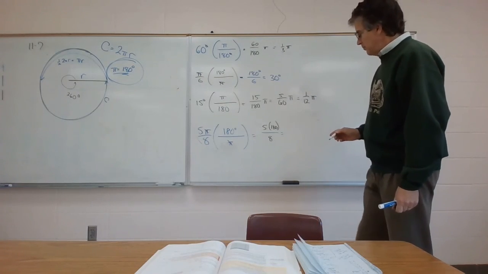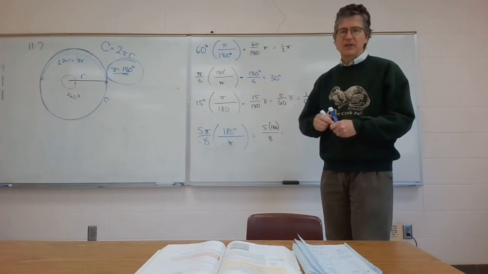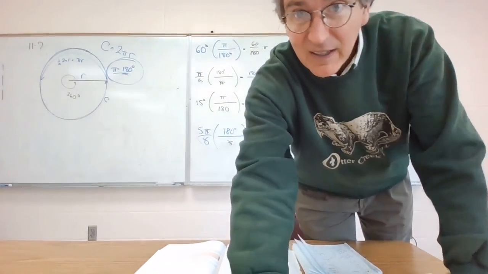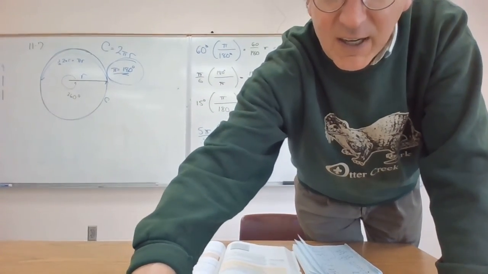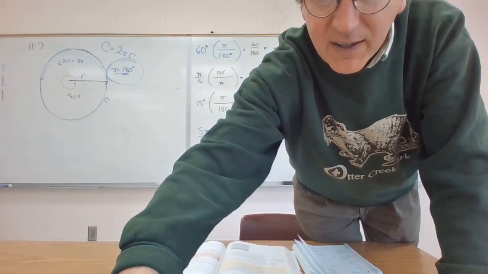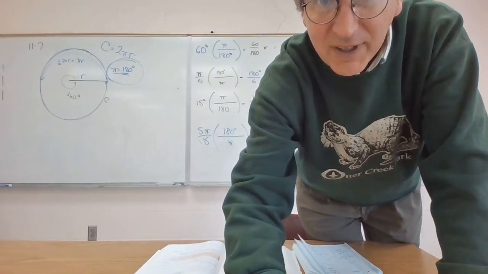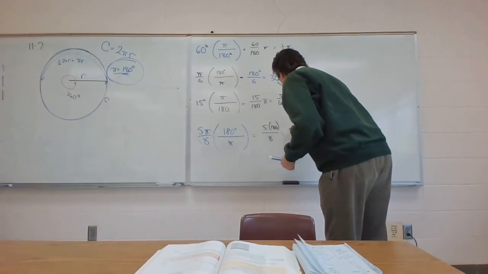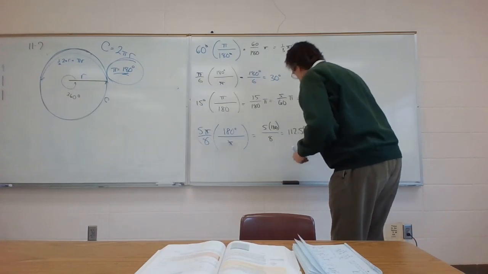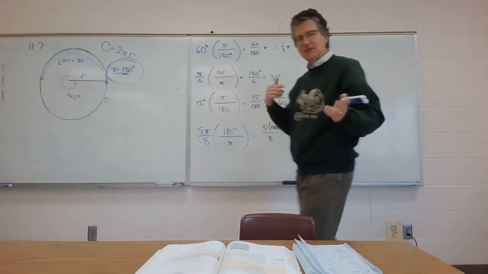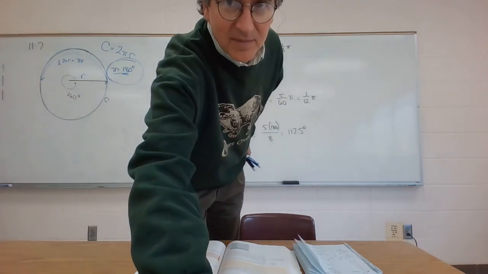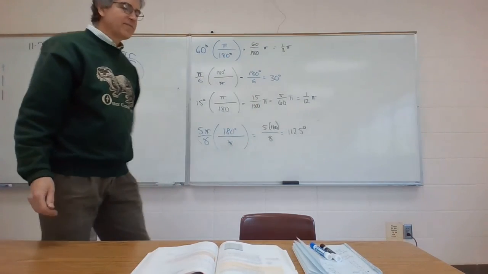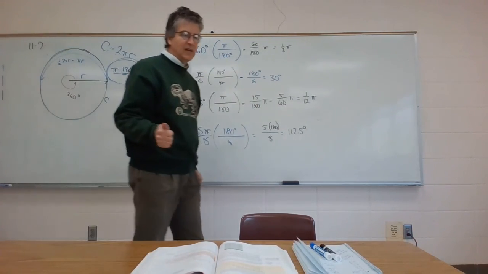I'm going to use a calculator for this. 5 times 180 divided by 8 is 112 and a half, so 112.5 degrees. Now I'm going to take a moment to check my answer in the back of the book. And yep, these answers are correct. Okay, so this is example 11.7.